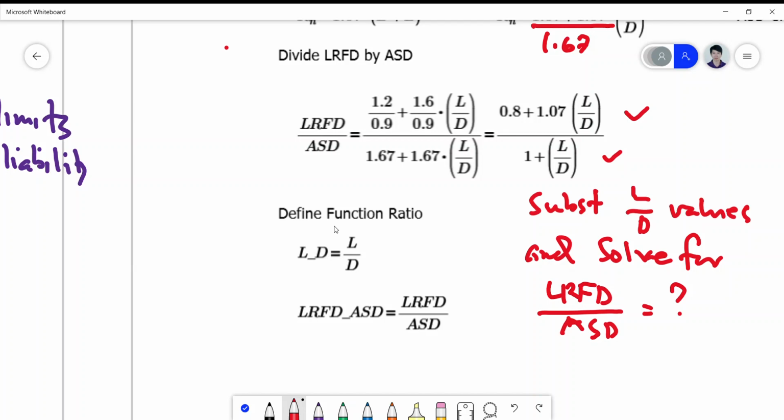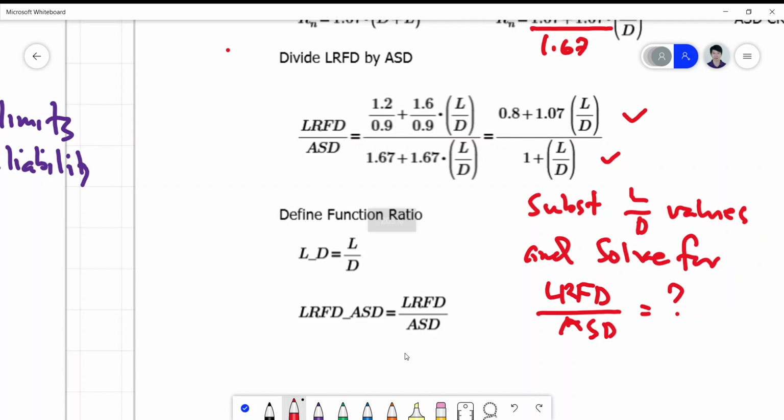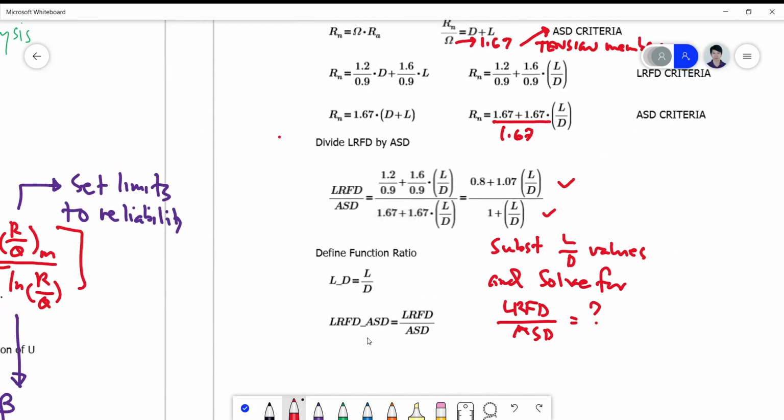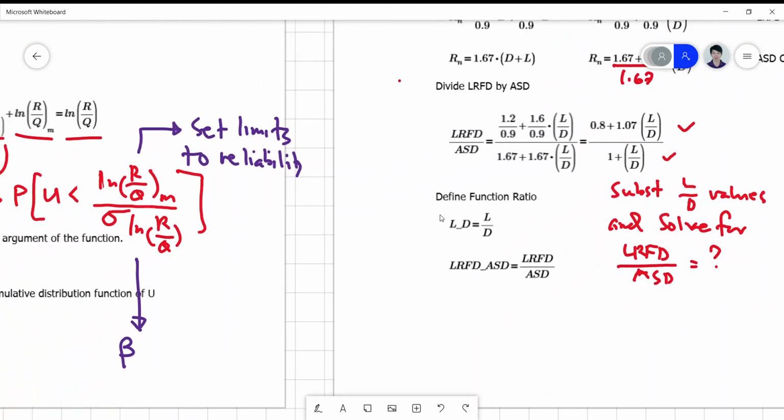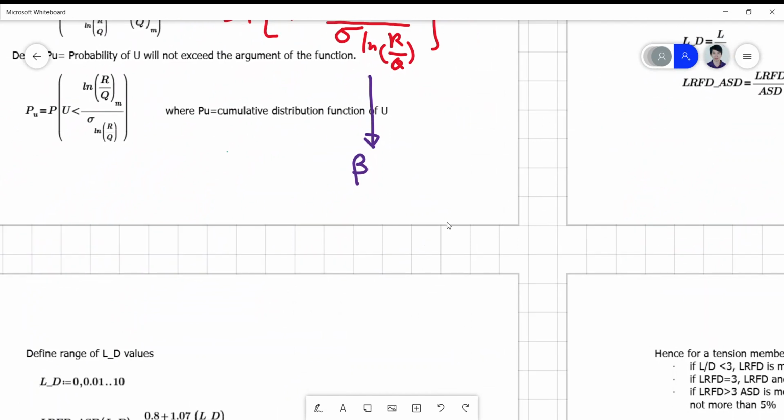So I define a function ratio L over D is equal to L underscore D, and I also define a comparison ratio of LRFD underscore ASD equal to LRFD over ASD. Okay, so these are just variables, or what you call arguments. Arguments are simply points of discussion. They are variables of concern.